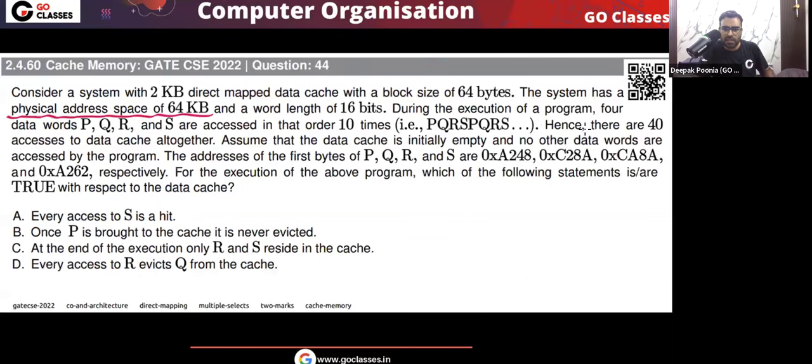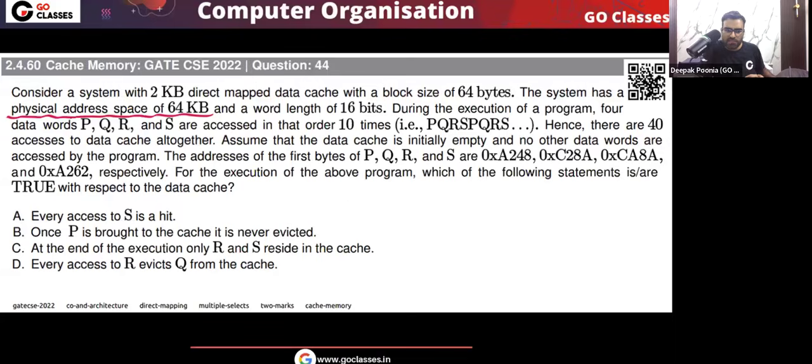And remember, the main memory, is it byte addressable or word addressable? Can anyone tell me? It is byte addressable. By default, main memory is always byte addressable. If nothing is given in the question, whether the memory is byte addressable or word addressable, then always remember that main memory by default is byte addressable.